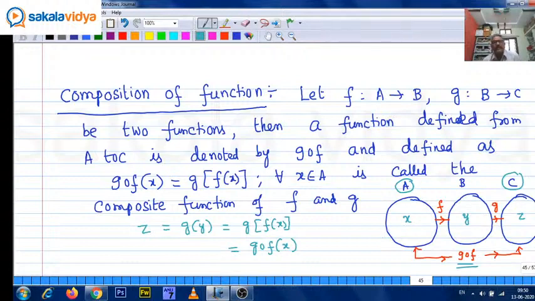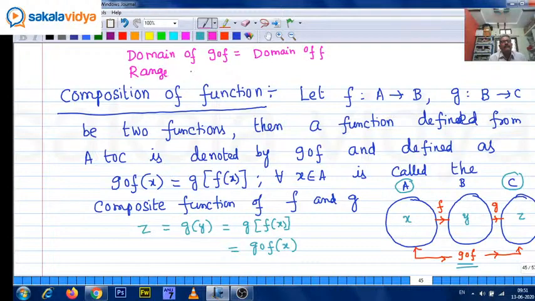In a similar manner, you can define f circle g of x also, that is equal to f of g of x.